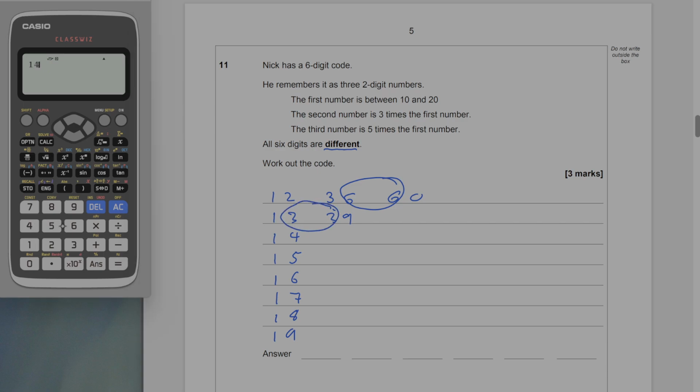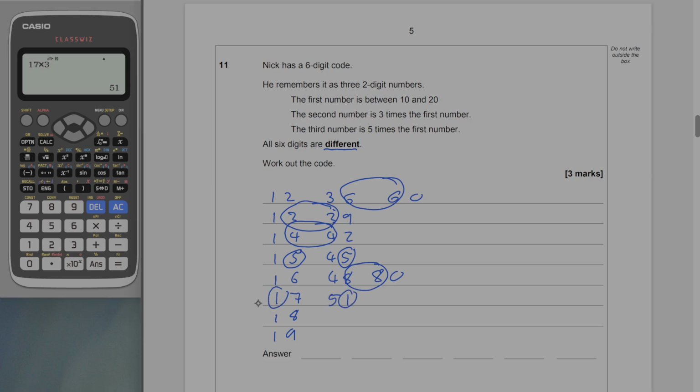Same digit. 14 times 3, 42, won't work. I can't automatically know this because if I times anything by 5, I'm going to get a 0 each time, but we'll show that anyway. 15 times 3 would give us 45, so 5 and a 5, can't be that one. 16 times 3 would give me 48, so that one would work, and then instead times it by 5 gives me 80, and we've got a repetition of the digit, so it can't be that one. 17 times 3 gives me 51.